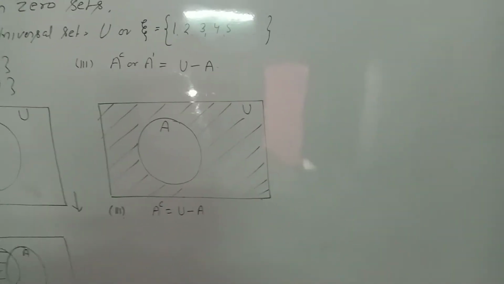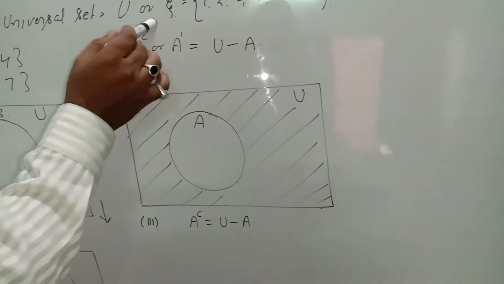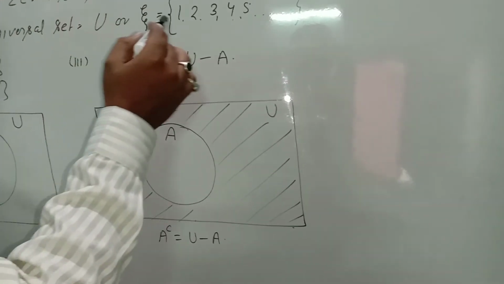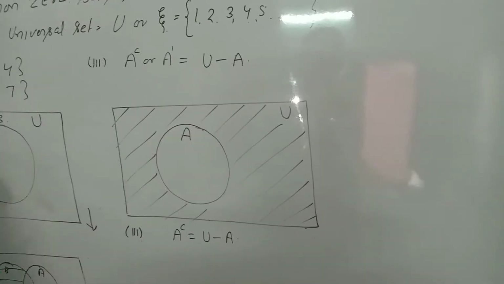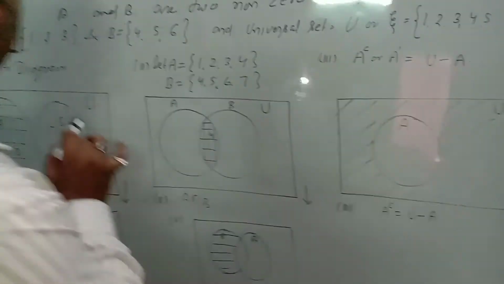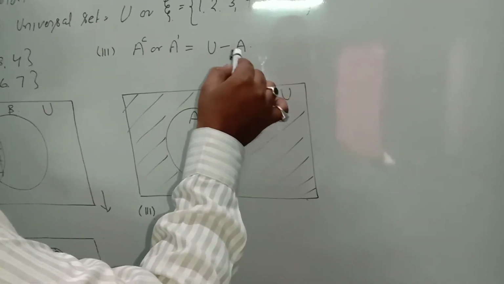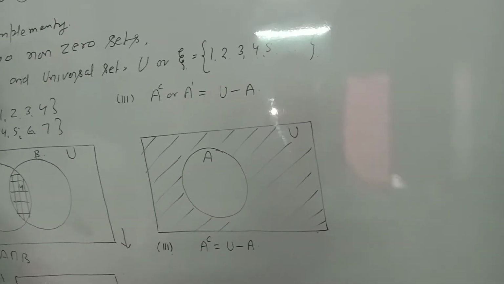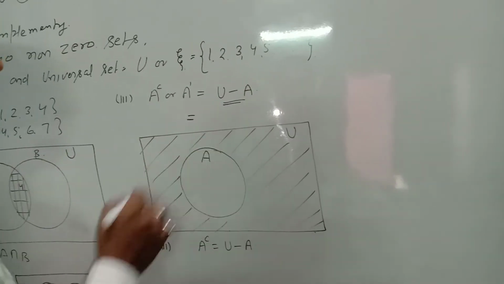And next, complementary set. Without the universal set you cannot solve a complementary set. The universal set is 1, 2, 3, 4, 5 and so on, and set A is 1, 2, 3. Then the complementary set is found by difference, U difference A, which is A complement.